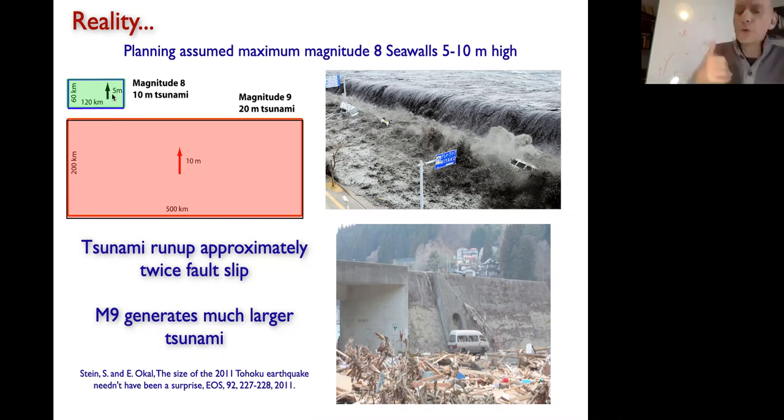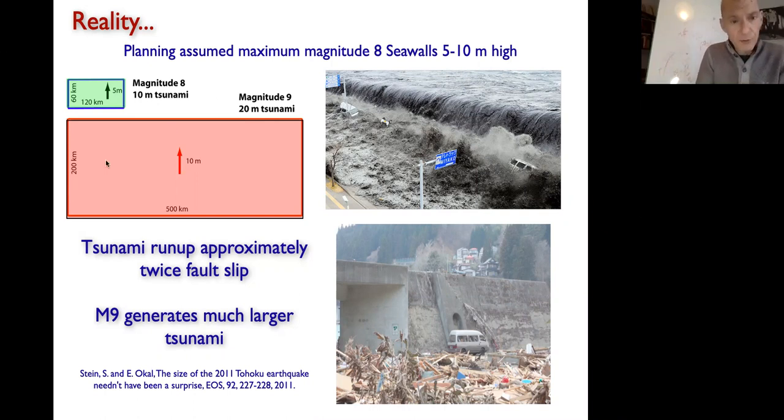And if you want a rule of thumb, the run-up from a 5 meter slip on a fault: you're going to have 5 meters or less in open ocean, but you can have twice that as a run-up, so 10 meters. And that was fine with the available defenses.